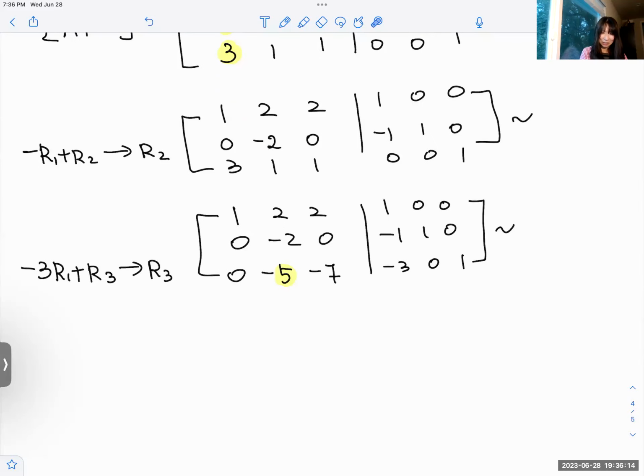Okay, we want to make a 0 there. Then that is 5R2 plus -2 R3 to get R3. Is it correct?